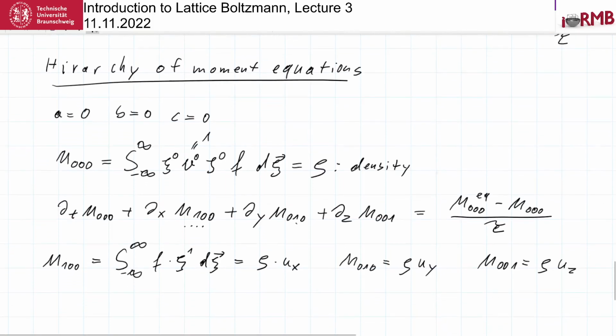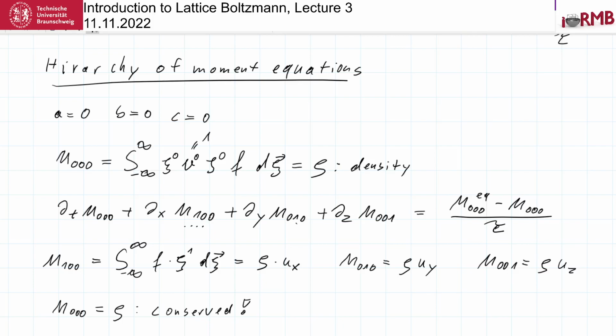Okay, what else? We just recognized that m000 is the particle density, so the number of particles per cubic meter, and this is something that is conserved during the collision.